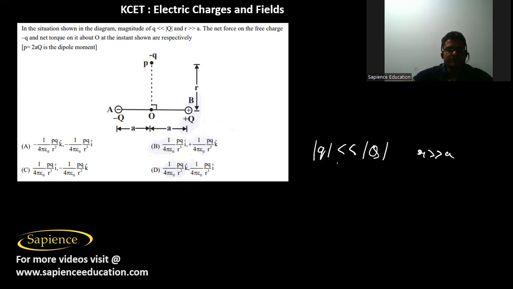So the net force on it will be equal to the charge q into E. So we can take this as the x-axis, and this way is the y-axis, suppose.